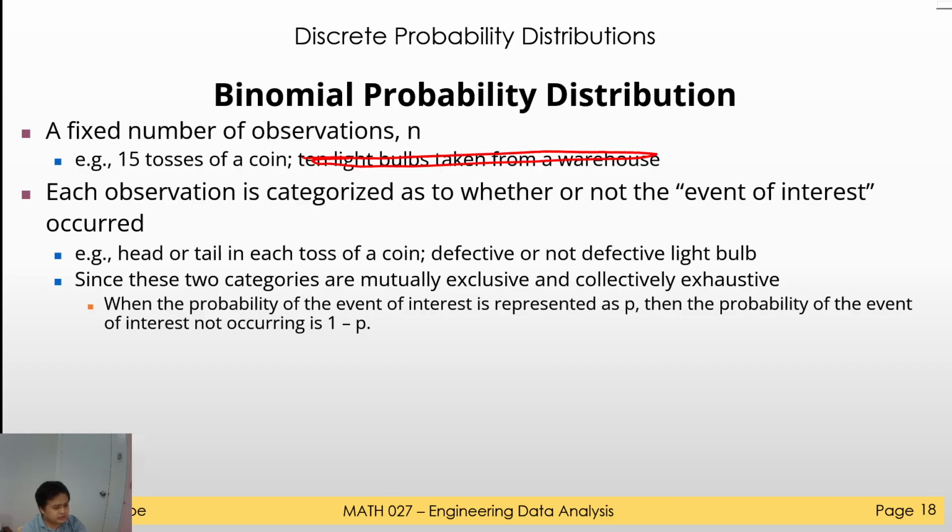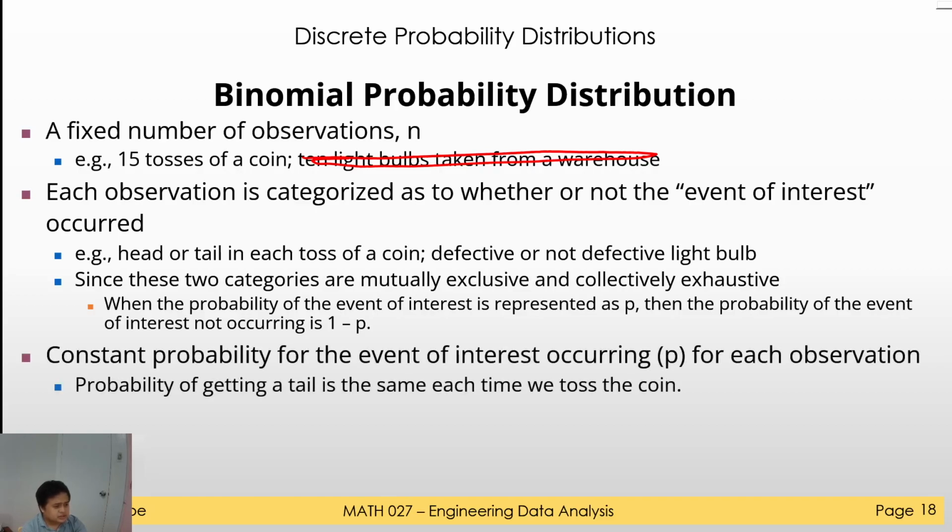Most of our assumptions in the binomial probability distribution are that the two categories, the success and the failure, should be mutually exclusive, so there should not be an intersection, and collectively exhaustive, meaning either it will happen or it will not happen.